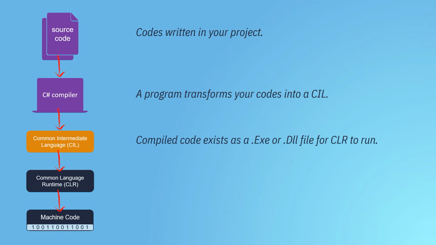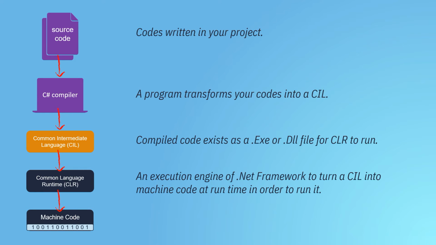Usually, we don't use the word CIL to refer to our applications. We just say exe file when the compiled output is in .exe format, or DLL to refer to a library component. After we have our exe file, if we want to execute it, the Common Language Runtime kicks in. Common Language Runtime, CLR for short, is the execution engine of the .NET Framework that handles running applications. Not all Windows applications need to use CLR to run.